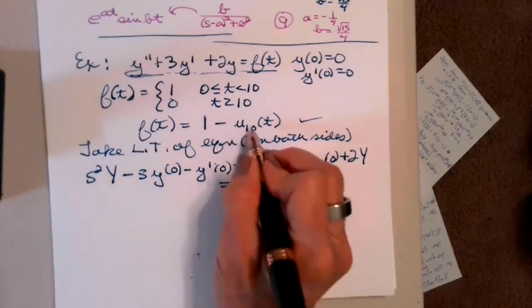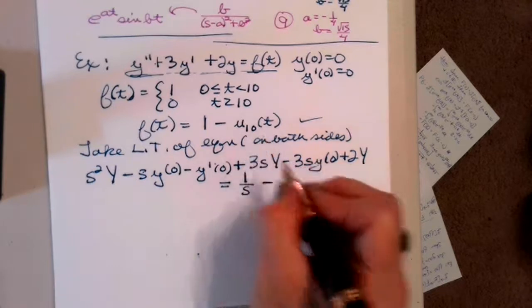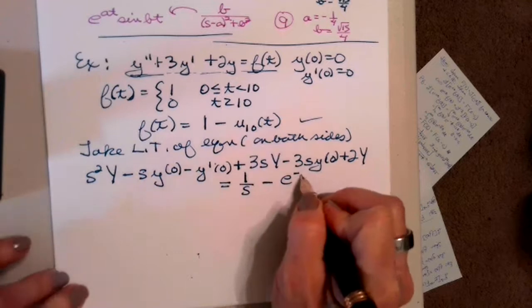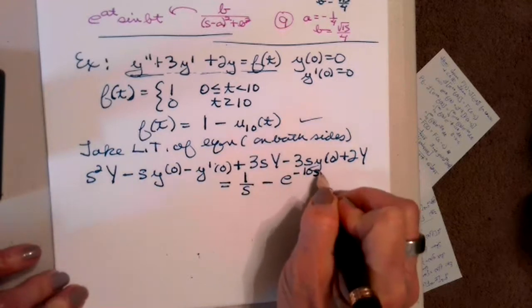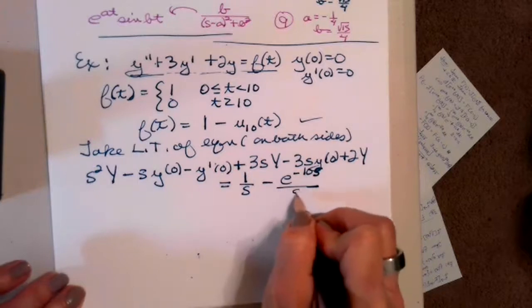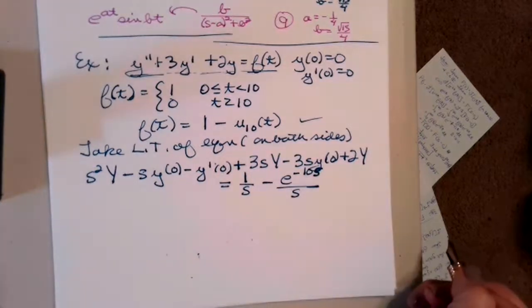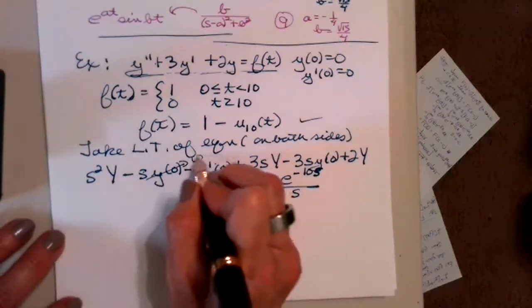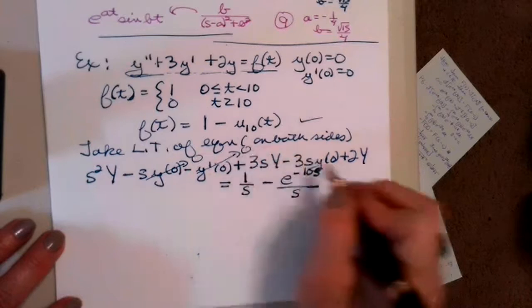And then you have to subtract the Laplace transform of u10 of t, so that is e to the minus 10s over s. Now we notice that the initial conditions say all these extra terms are 0.